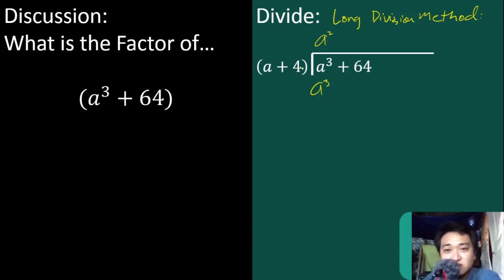A squared times positive 4 is positive 4a squared. Pero dito ko siya isusulat sa labas. Positive 4a squared. Kasi mahirap naman kung ihilera ko siya kay 64 because they are not similar terms. Hindi natin sila ma-evaluate. So, for the meantime, ilabas ko na lang muna siya. And then we will proceed to subtraction.